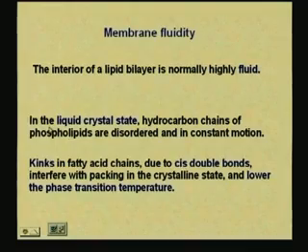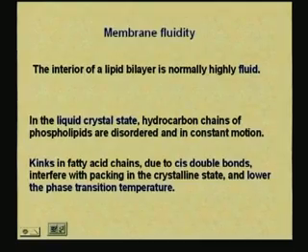Now, in the liquid crystal state, the hydrocarbon chains of the phospholipids are disordered. They are in constant motion because, you have to remember, they are suspended. The cells are suspended in the plasma. Okay, there is a cytosol to it, there is an extracellular matrix to it. So, they are all suspended.